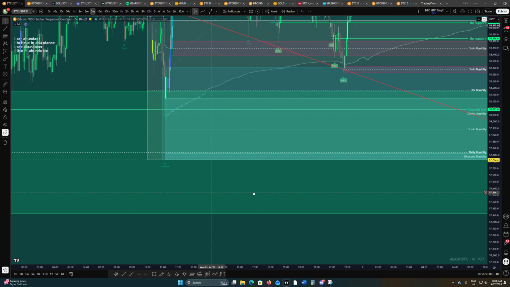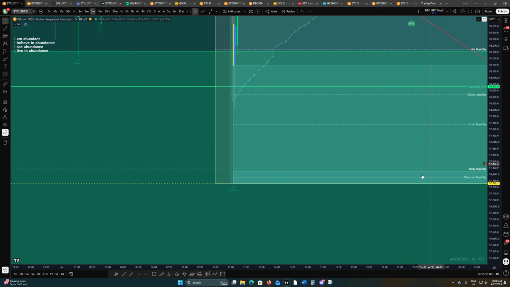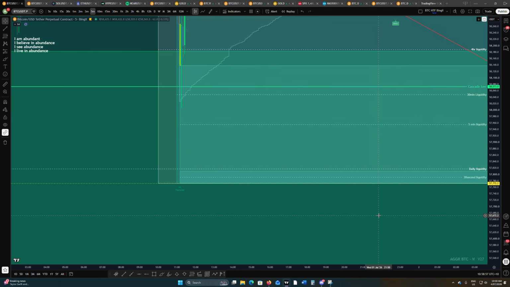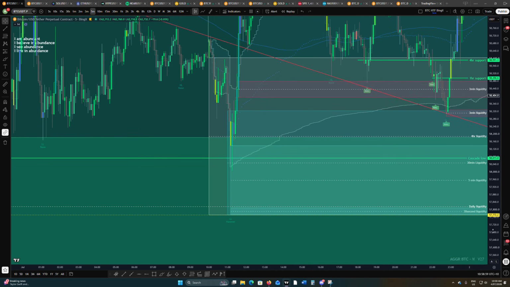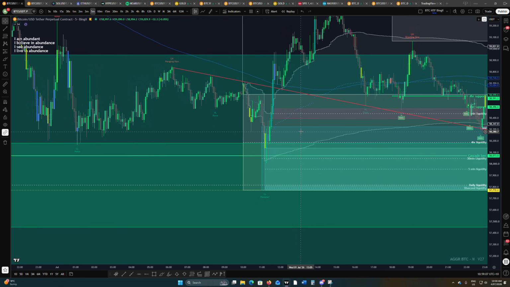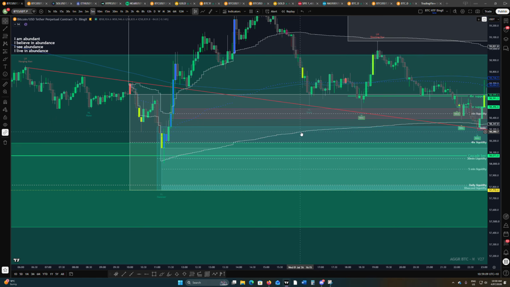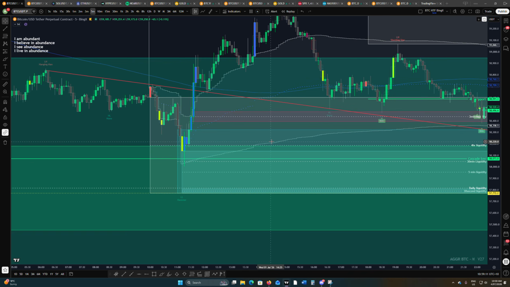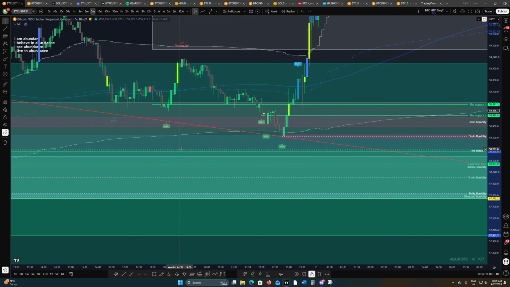So there's some manipulation there. So yeah, and then the cascade lows, the actual closes were higher than that. So yeah. Anyway, that is the story.